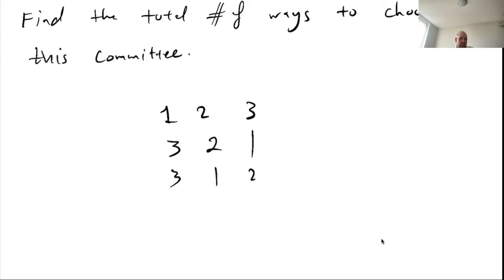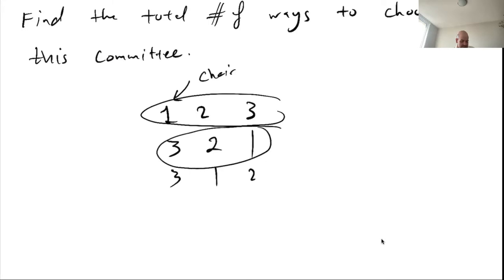If I change the order, their positions will be different. These are really different possibilities, because in the first possibility, student number 1 will be chair, but in the second possibility, student number 1 will be secretary. In possibility number 3, student 1 will be assistant. So the order is important here, right?